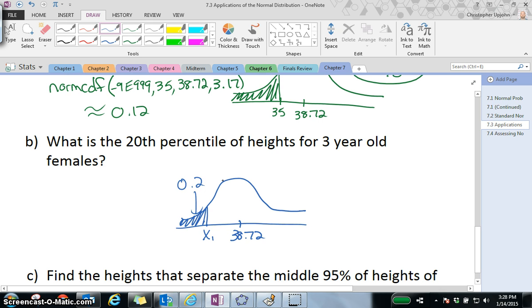Since we know the area and we're trying to find a value, we use the inverse function, invNorm. Whenever we put this in here, we have our area to the left, then our mean, and our standard deviation. So the area to the left is 0.2, our mean, and our standard deviation.